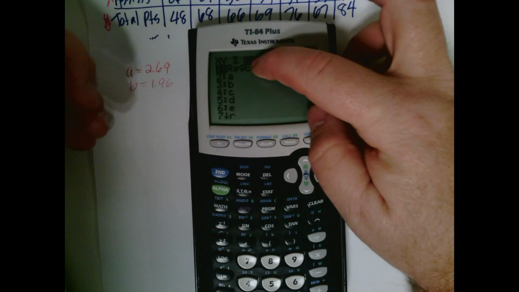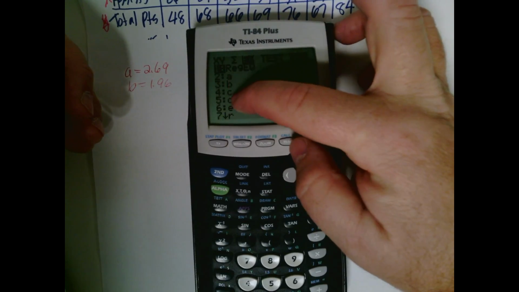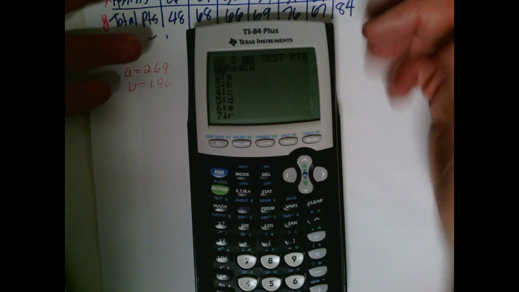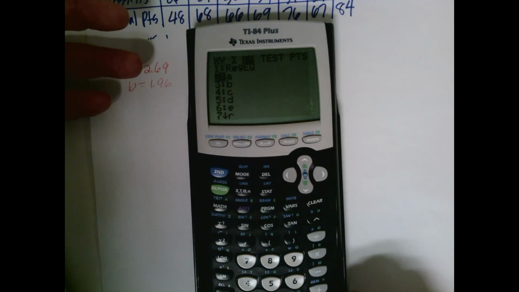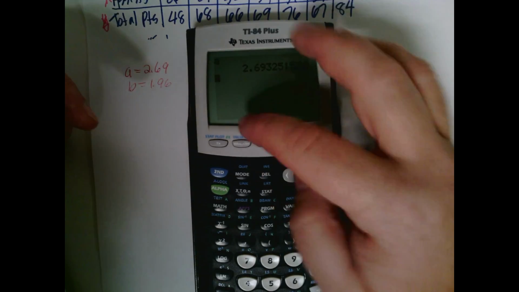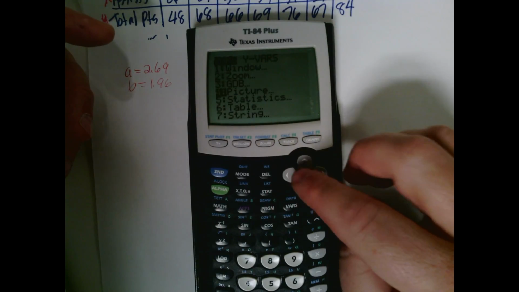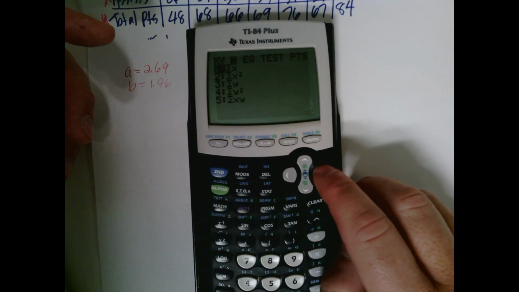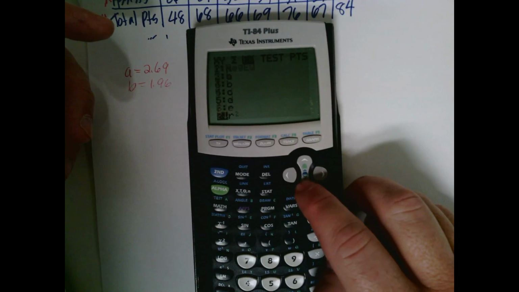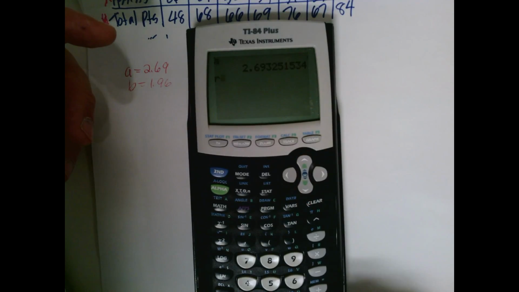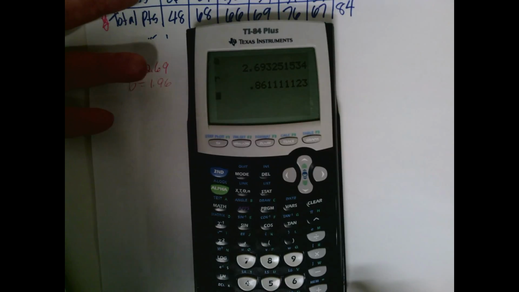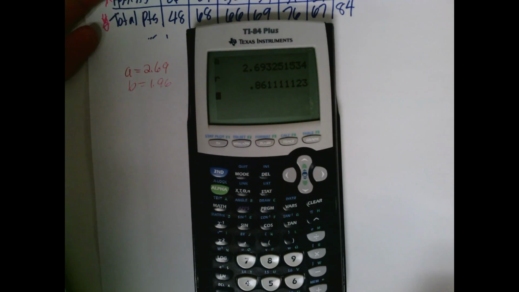But if you go over to equation, notice that you have A, B, C. So the A and the B are there, if I hit A, for example, you'll see that I get the 2.69, which is what we calculated. So again, you go to variables, go down to statistics, go over to equation, and notice that we have R. We can hit R and we get our R, which is 0.86111, which is our R value.